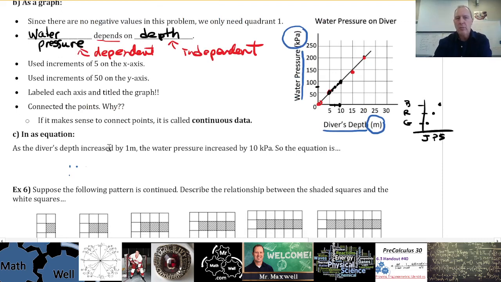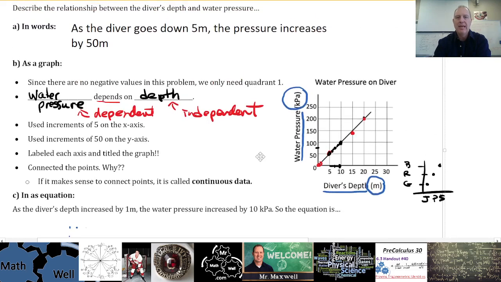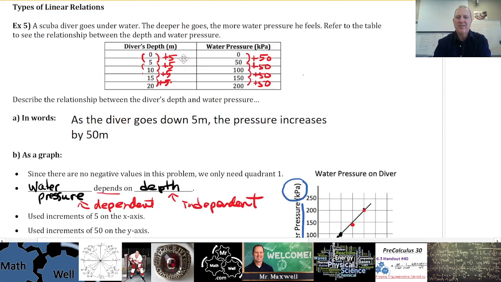They help us out here by giving us some extra information, so let's use it. As the diver's depth is increased by 1 meter, the water pressure increases by 10. Now, if we look at the table of values here, we don't see a 1 meter change and a 10 change. But because we connected the points, I wonder if you could see this.